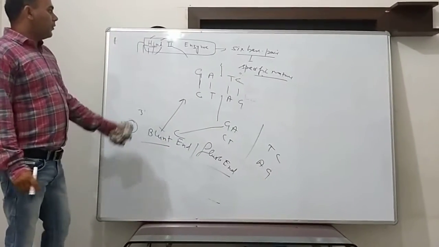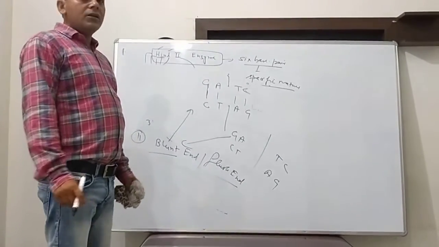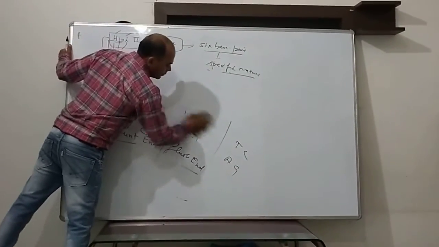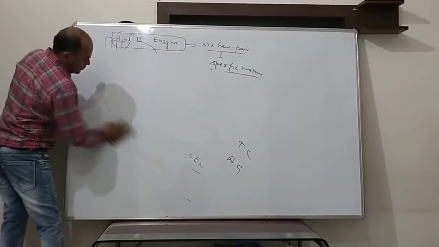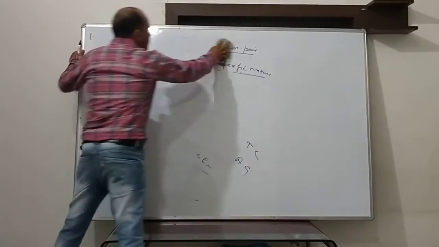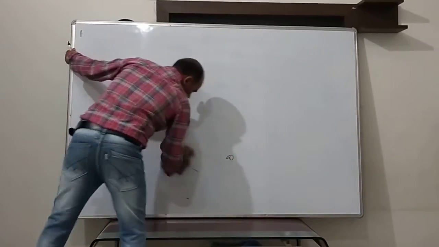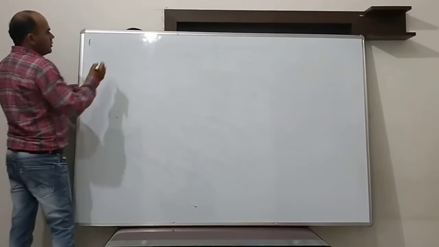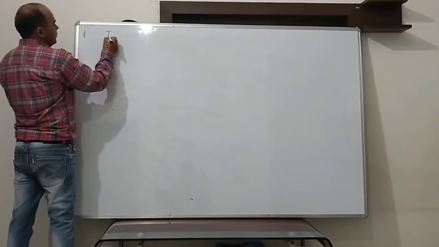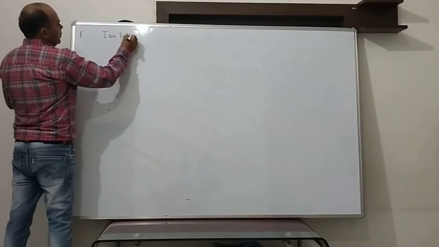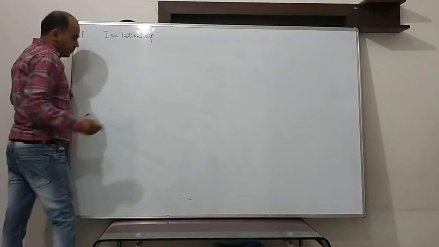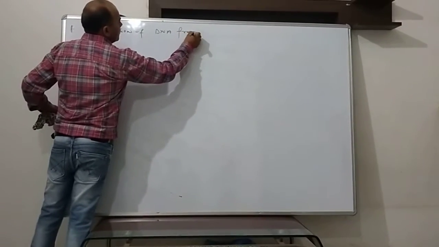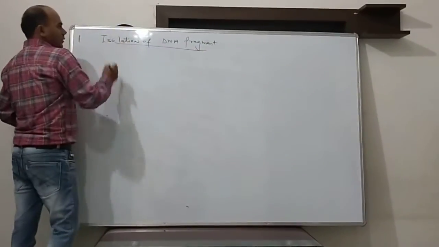So there are two types of ends produced by the restriction endonuclease enzyme. Next step is called isolation of desired DNA fragments and their separation.